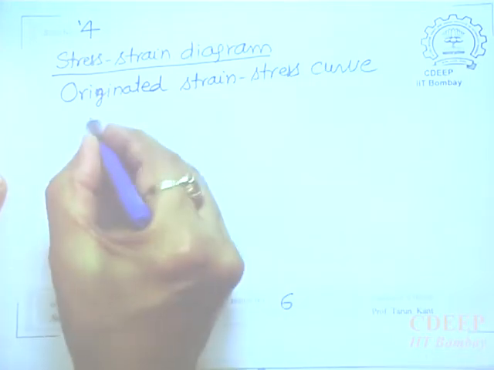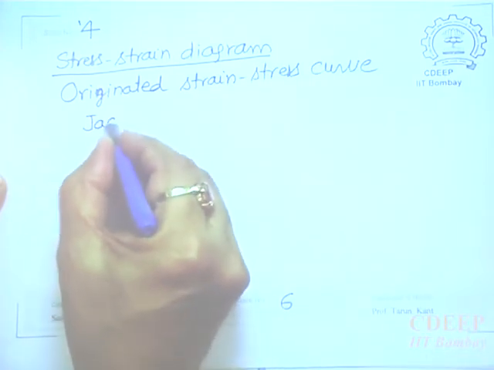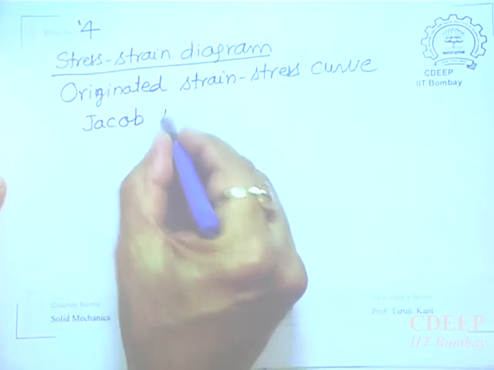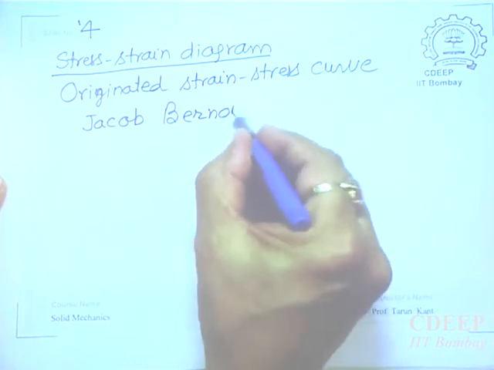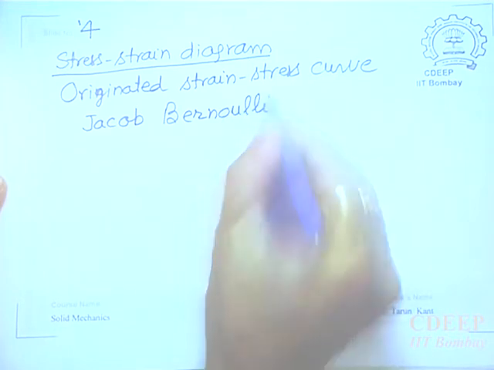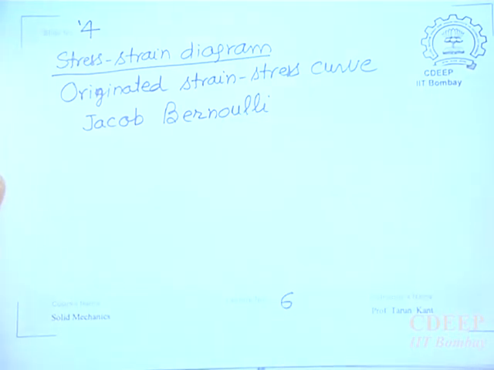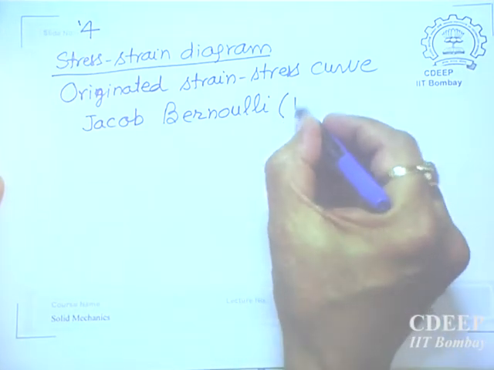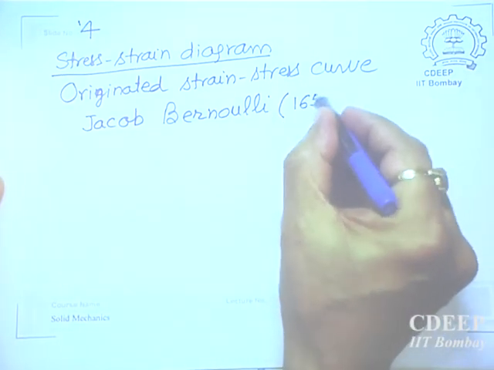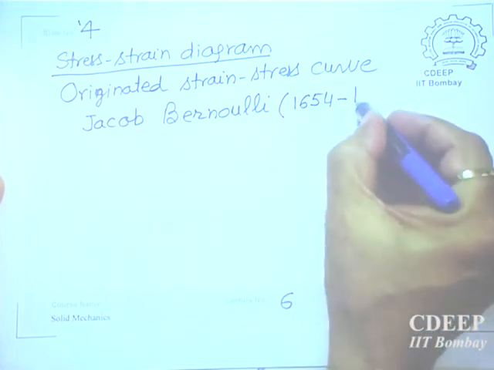And the person is Jacob Bernoulli. So the spelling, etc., you kindly note it. Jacob Bernoulli, and he is from 1654 to 1705.